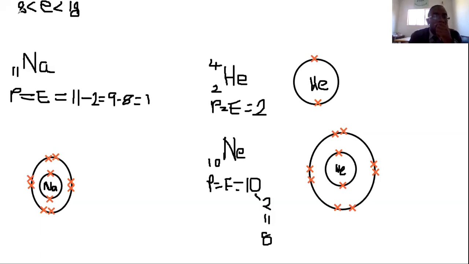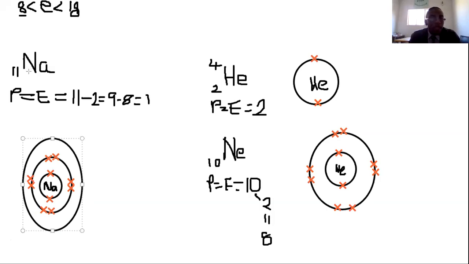So 1 is less than 8, therefore we can put the 1 in the third shell. Remember, the third shell can only hold anything below 8 and 18. What is between 8 and 18 you cannot put in the third shell.